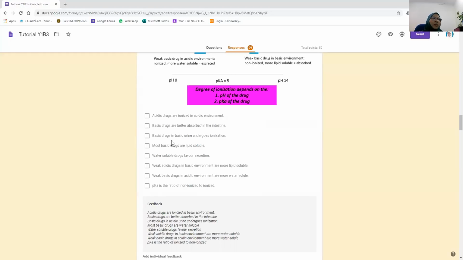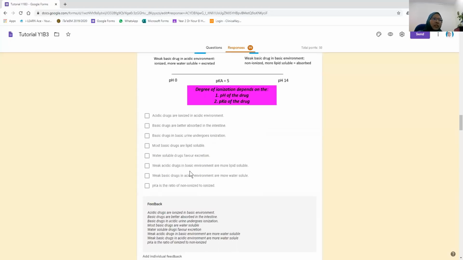Basic drugs in basic urine undergo ionization. This is false, right? Because basic drugs in acidic urine undergo ionization, just like this one is the opposite of this one. Now, most basic drugs are lipid soluble. This is false, because lipid soluble drugs are mostly acidic drugs. Water soluble drugs favor excretion. This is true.